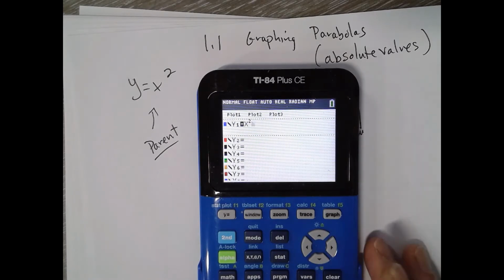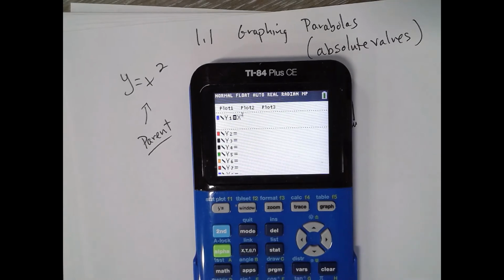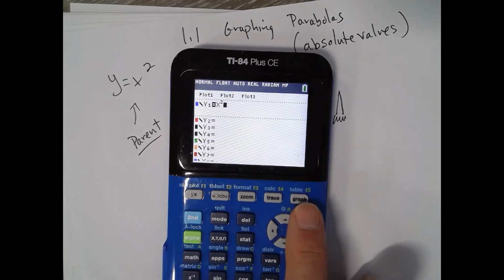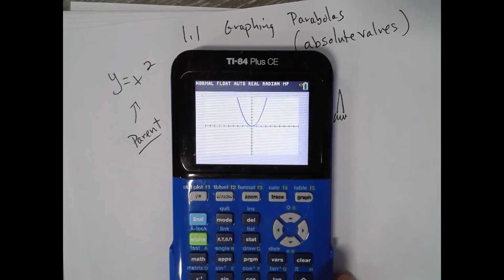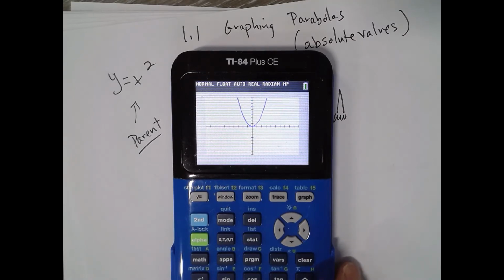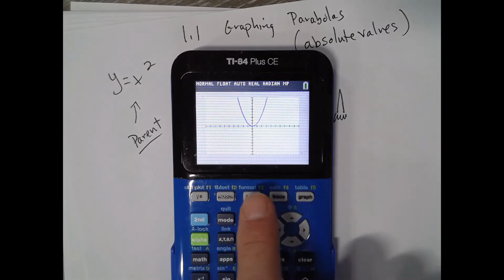Alright, so now we're going to graph it, y equals x squared, and graph is in the upper right corner right here. I'm going to hit graph, and a lot of your calculators are going to have the same thing as what I just did on the screen. Some of you might be different because your window might be adjusted. If you're ever messed up, maybe it says dimension mismatch, or maybe it's way zoomed in or way zoomed out, you can always do zoom.